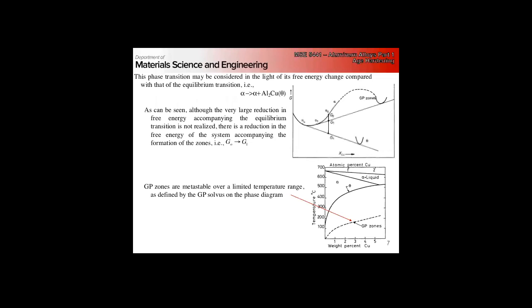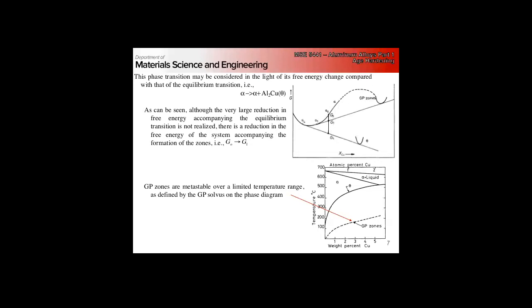Understanding that even though the free energy of the GP zones themselves is higher overall at a given concentration from the common tangent construction, you've got a net lowering of free energy, right? And the driving force for nucleation is the tangent at this point up.